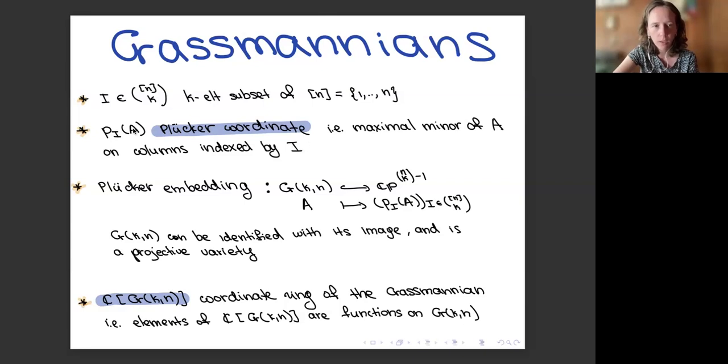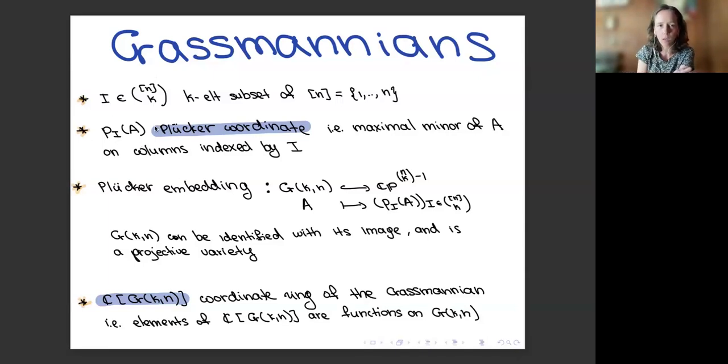A is my matrix, and P_I is the maximal minor of A on the columns indexed by I. Remember, A is a k by n matrix, and I picks out k columns, each with k entries, so you are allowed to take the determinant of that submatrix of A.